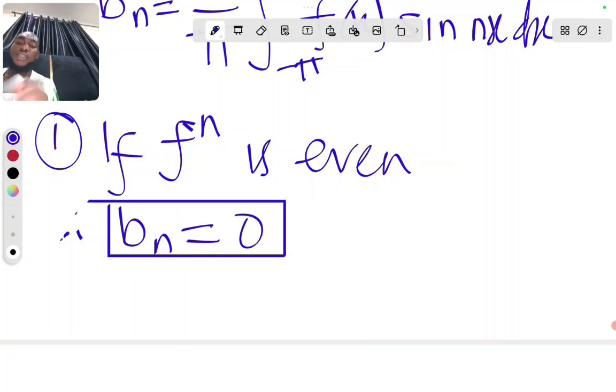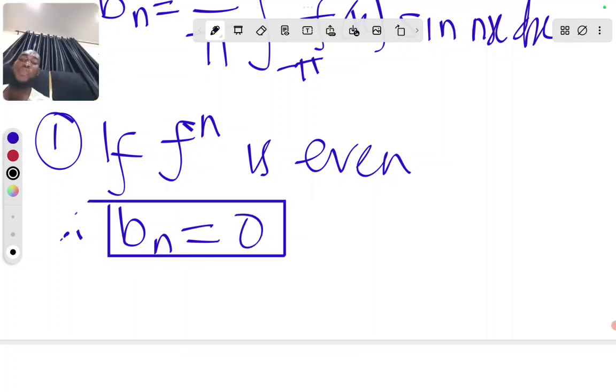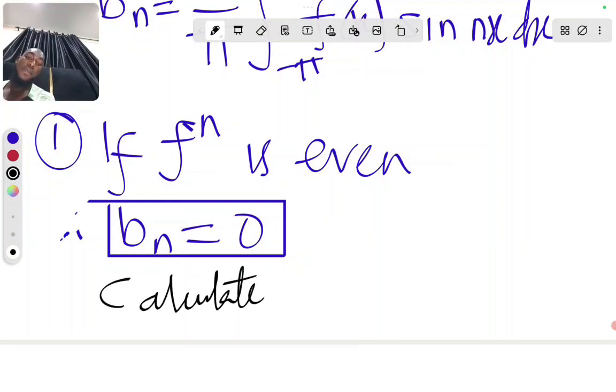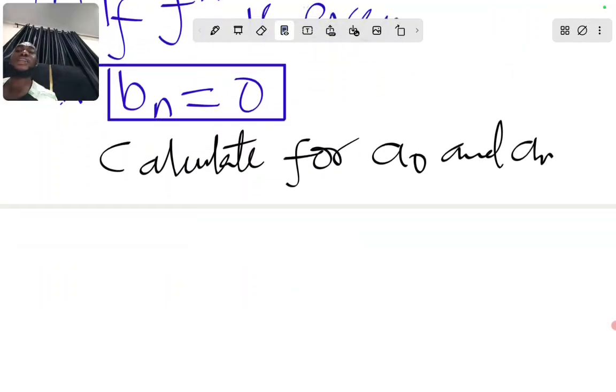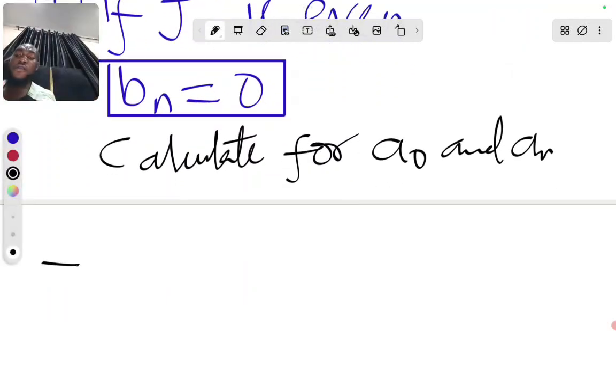And once your bn is equal to 0, the next thing that you do is you calculate for a naught and an.